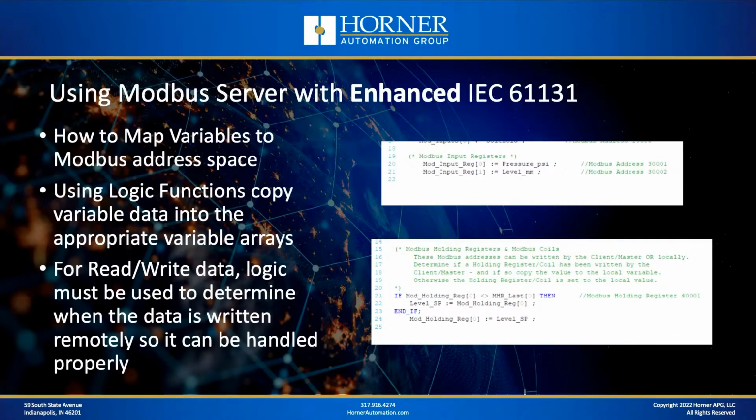So on the screen there, you can see I used structured text assignment functions to take a pressure and a level and to move those into the Modbus input register array that I created in my application. So that's really what we're talking about, whether it's using ladder logic and move commands or something similar, or whether it's using structured text.